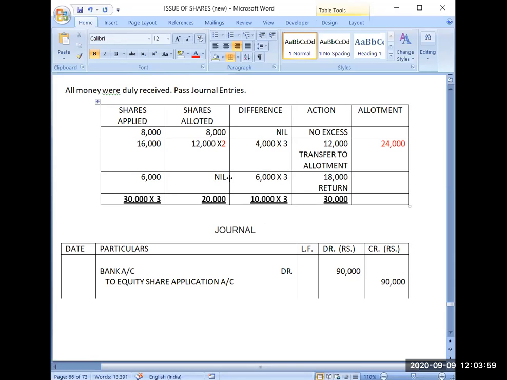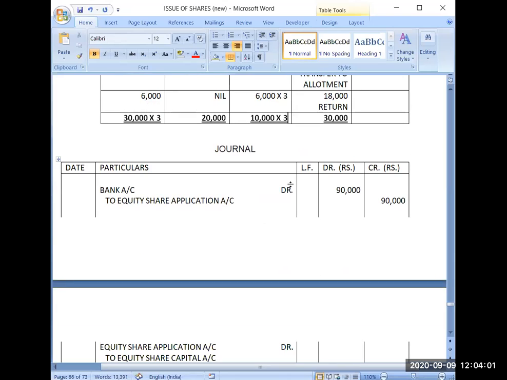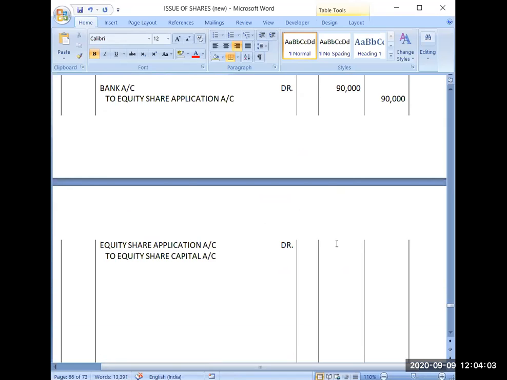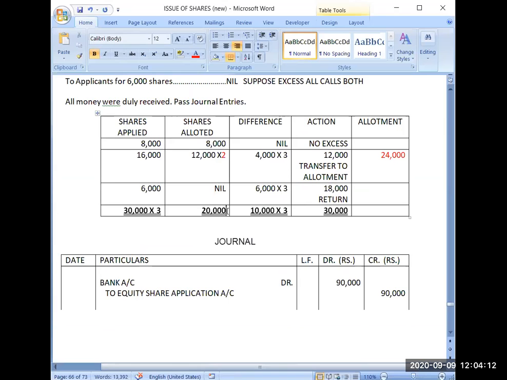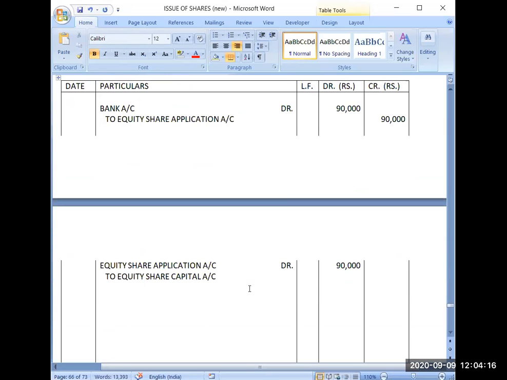So that way you can cross check your tables, whether it is going in the right direction. So now I have to adjust this 90,000 first. Now the equity share capital amount that I will get from here is multiplied by 3. So your capital will be how much? 60,000.